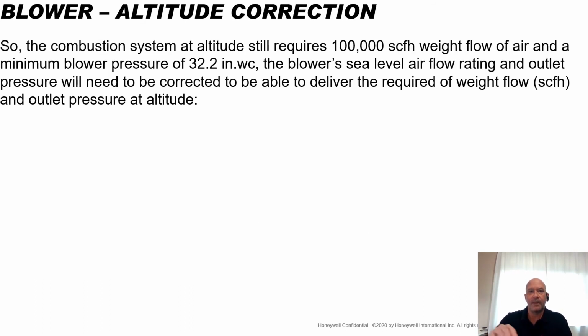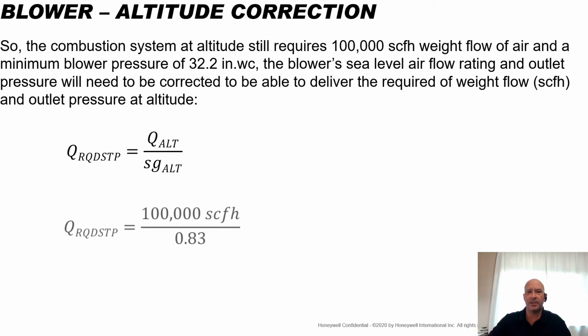So the combustion system at altitude still requires that 100,000 SCFH and that minimum blower pressure of 32.2 to account for all our drops, including our burner pressure. So the blower's sea level rating and outlet pressure need to be corrected to be able to deliver that required weight flow, SCFH, and outlet pressure at altitude. It's a pretty simple relationship.